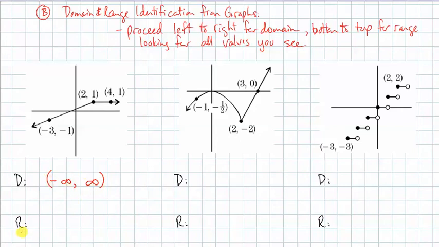Now, focusing on the range. I start at the bottom. I think of how low this goes. Well, this arrow goes both left and down, and it will go down forever. So the y value itself goes down forever to negative infinity on y. It's going up continuously, connected all the way to 1.